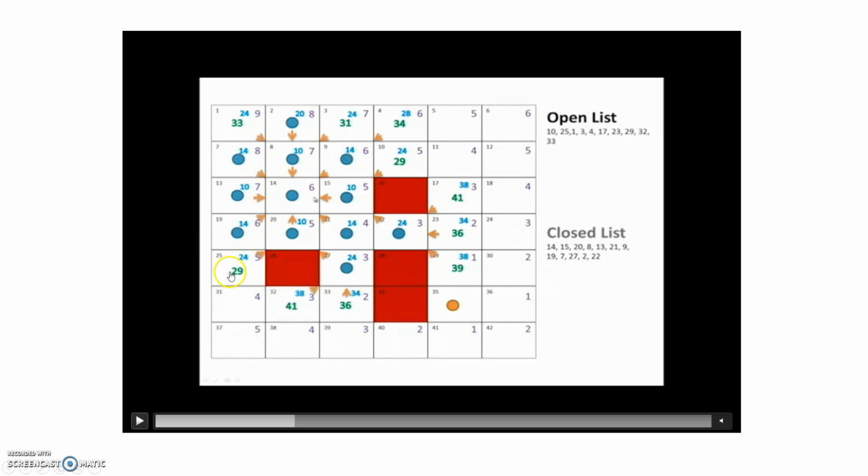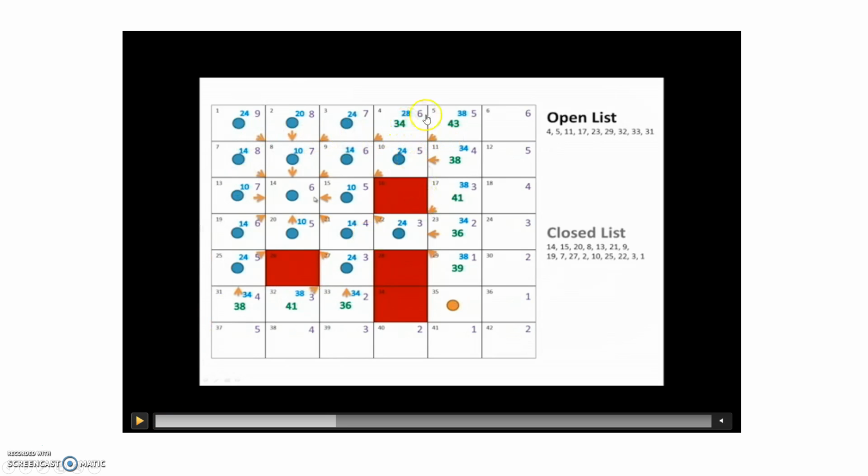And then we look through here. So 29 looks to be the one. So he picks that one, and he picks that one. So we look through here, 33, 31. 31's the lowest right now as we look through them. Yep, 31, so he's going to choose that one. And then second lowest, 33.